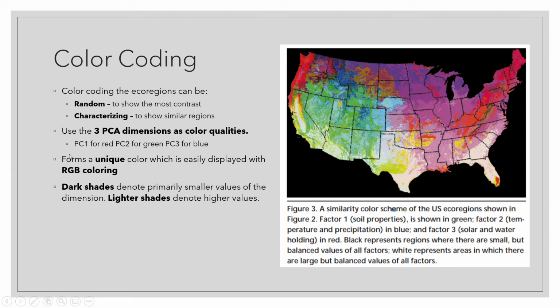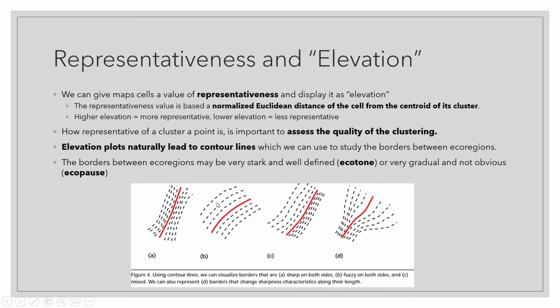These form unique colors because of RGB coloring. So any point in data space can be depicted with a unique RGB color. Darker shades denote primarily smaller values, as we can think of dimmer RGB pixels, and lighter shades denote higher values across the board, as we can think of all RGB pixels being active.